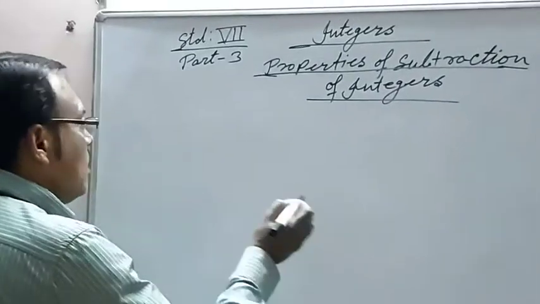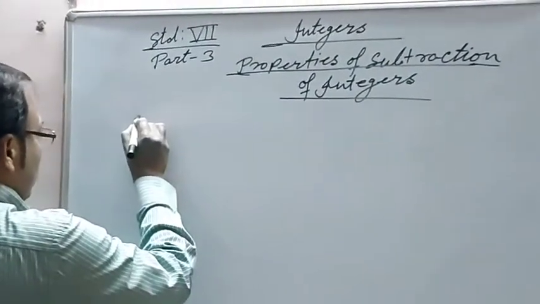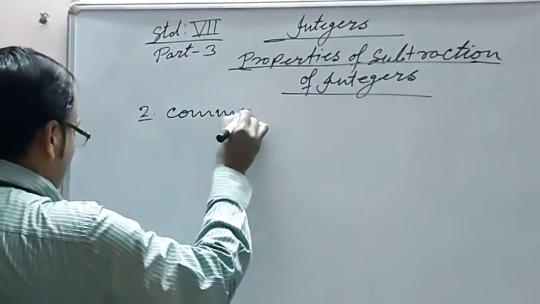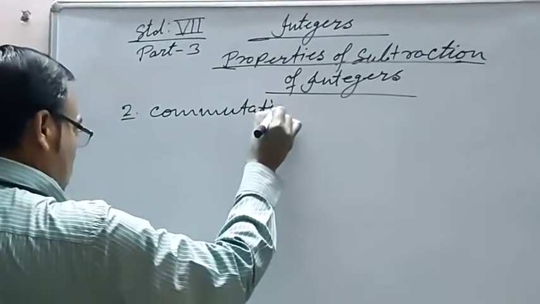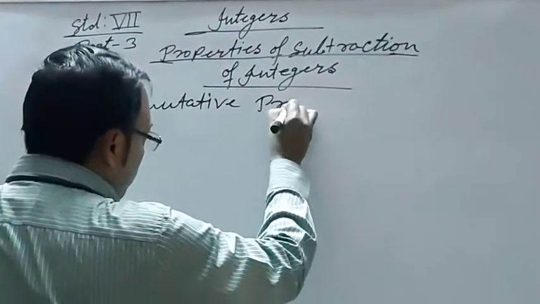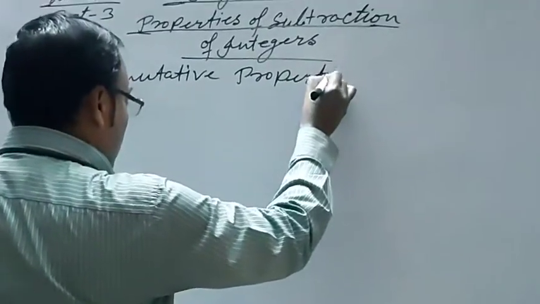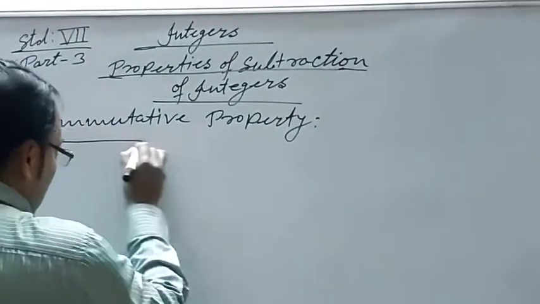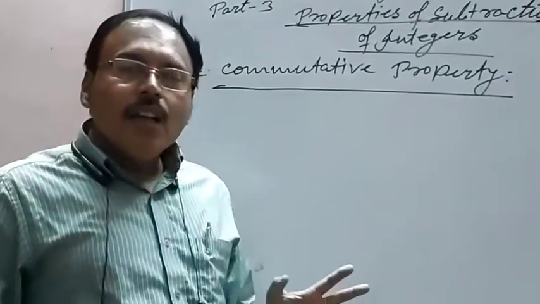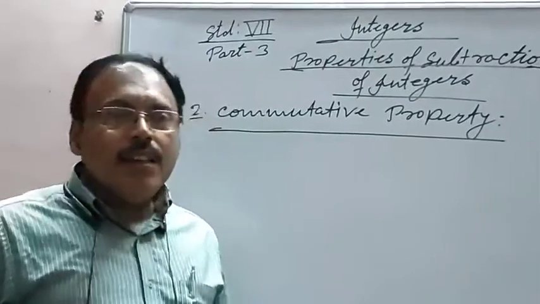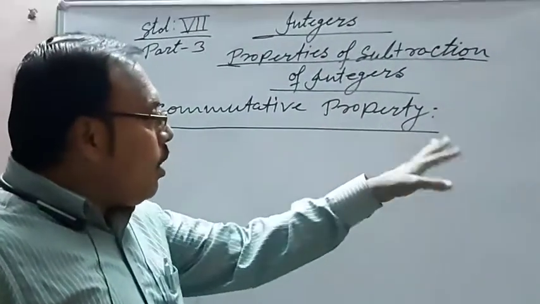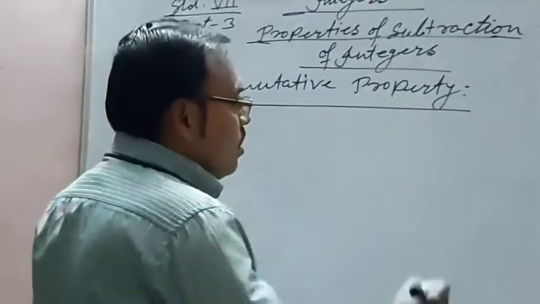Second property is commutative property. The commutative property for addition states that two integers can be added in any order. Here we shall see whether it is valid for subtraction or not.